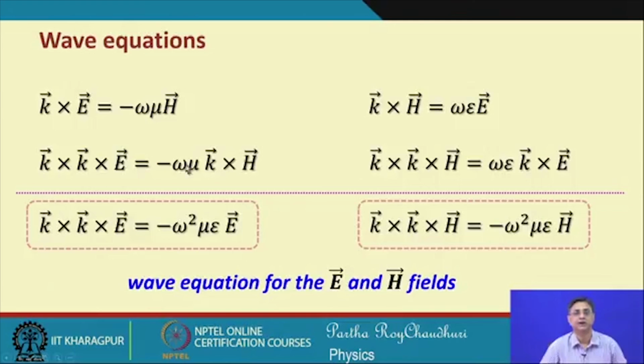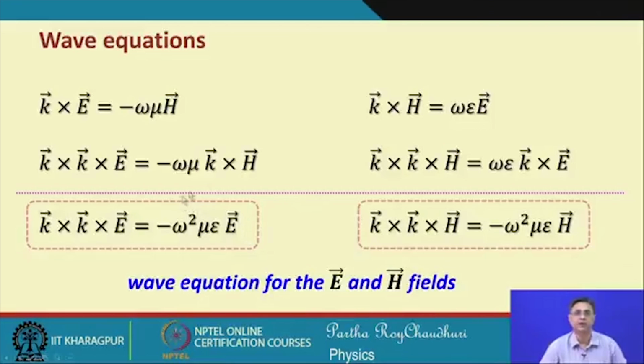If we organize the equation k cross E equal to minus omega mu H, then you can take k cross E, which will be equal to this quantity, and this actually represents the wave equation purely in terms of the electric field.